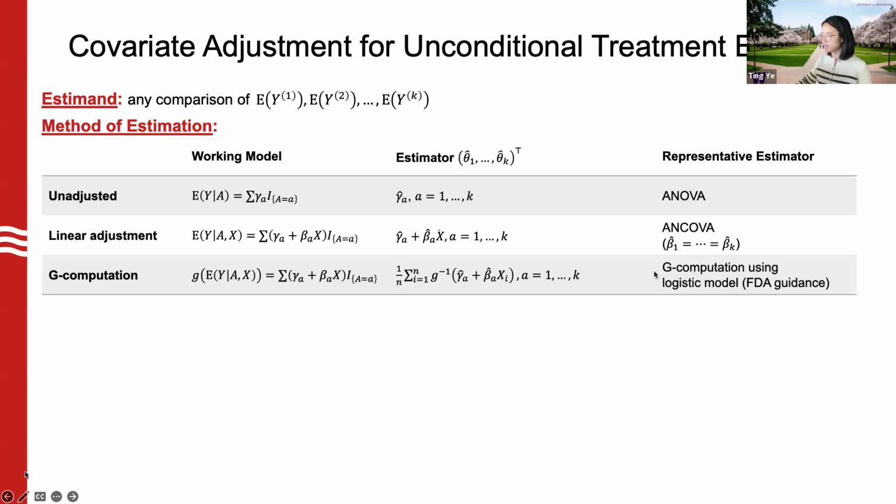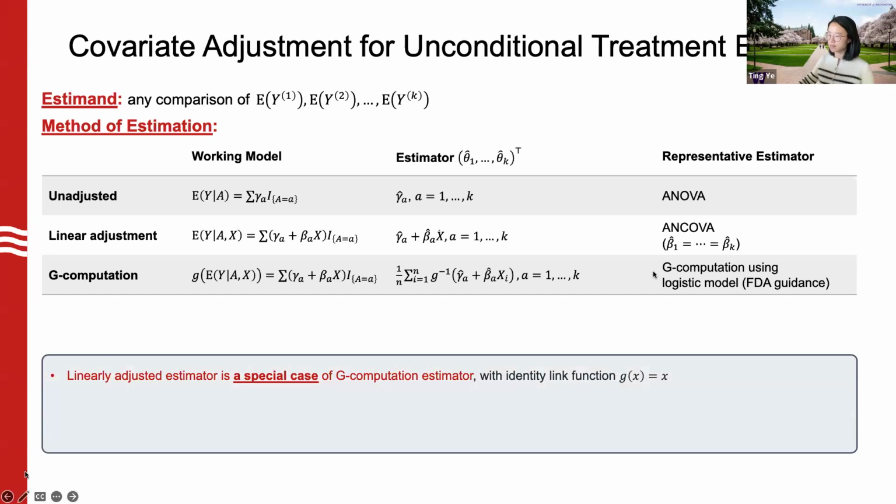A representative estimator is the G-computation using logistic regression that's described in detail in the FDA guidance. But one thing I want to note is that we can see the linear adjusted estimator is a special case of G-computation with identity link. So this is also a more general formula than the above two.